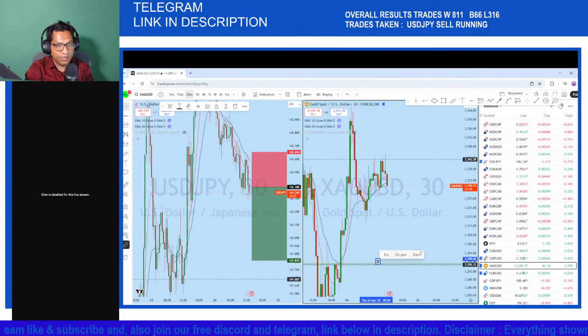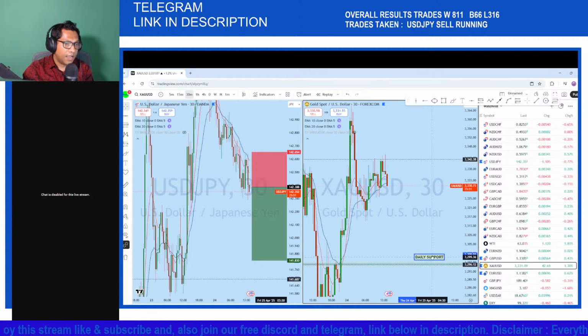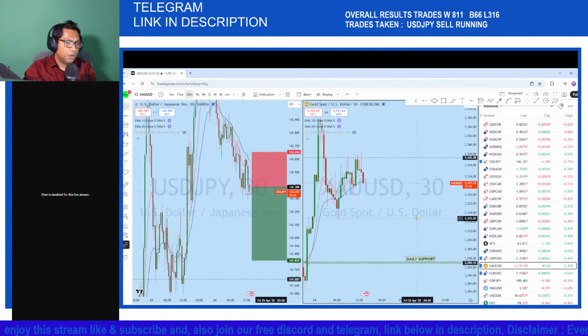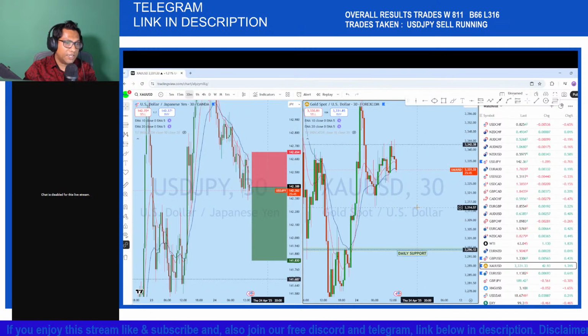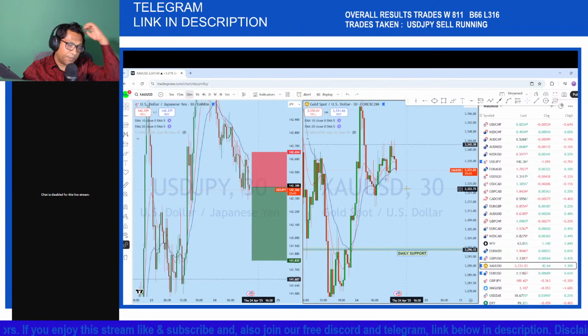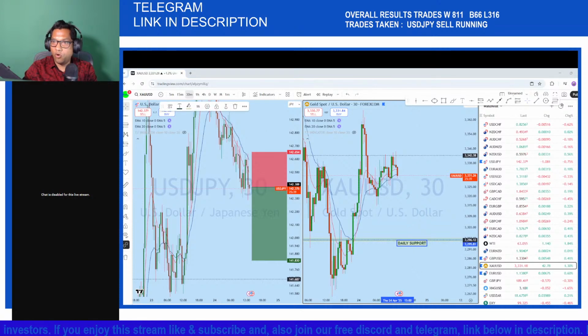Okay, so this is the daily support, and we are expecting the market to drop to it. Once we see the price has dropped to the daily support, we will be looking for that entry opportunity.